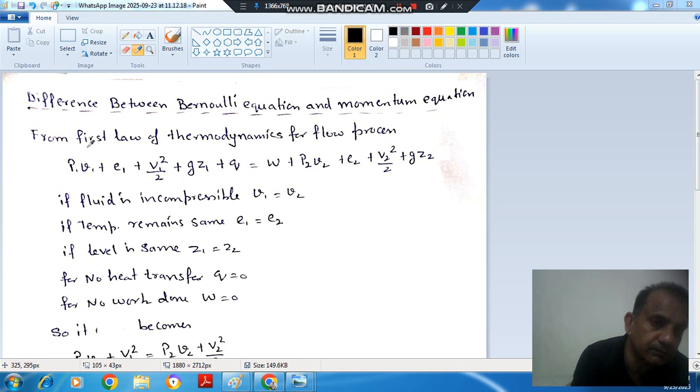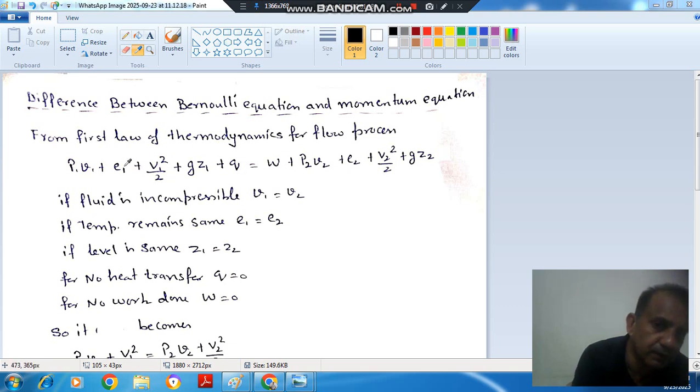Starting from the first law of thermodynamics, first we will discuss the Bernoulli equation. The first law of thermodynamics for the flow process is P1 v1, where v1 is the specific volume, plus E1 plus V1 square by 2 plus g Z1 plus Q is equal to W plus P2 v2 plus E2 plus V2 square by 2 plus g Z2.